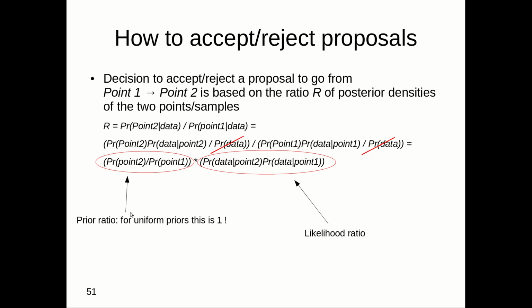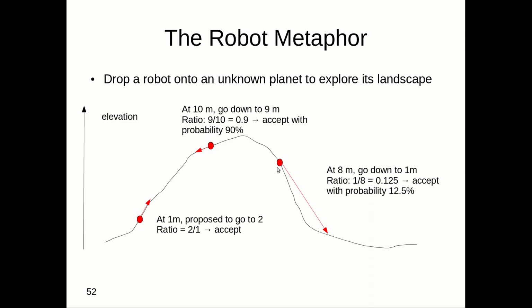And just as a side note, if we have a uniform prior, so if the prior probability of being at point 1 is equal to the prior probability of point 2, then this is just 1. So if I only have uniform priors, then basically our ratio is just the ratio of the 2 likelihoods, or in our case, in the example, the ratio of the 2 elevations.